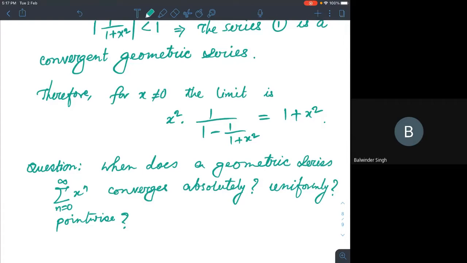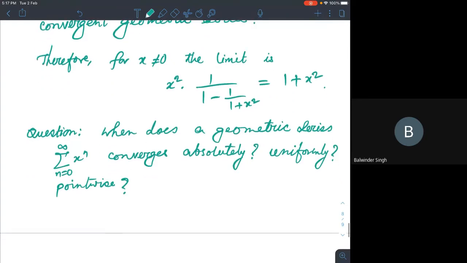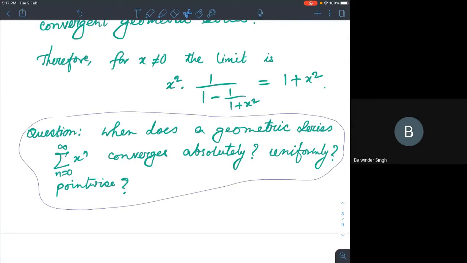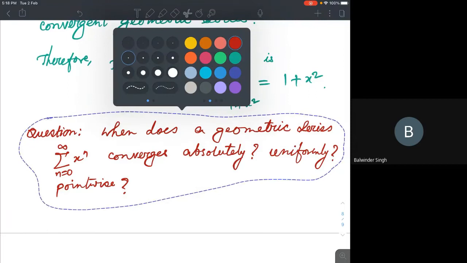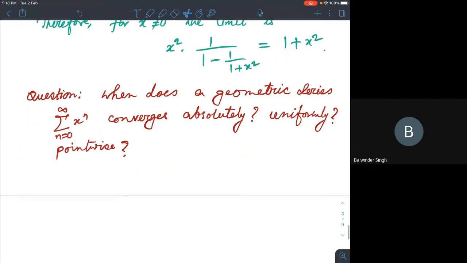We have done this last time, right? Maybe I should put this question in red. Can anybody answer this?